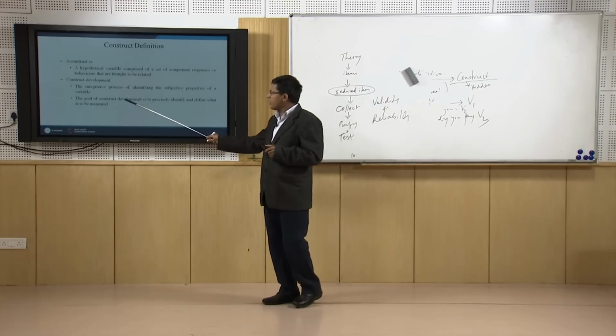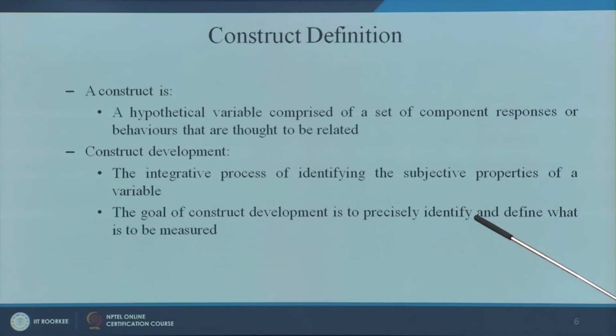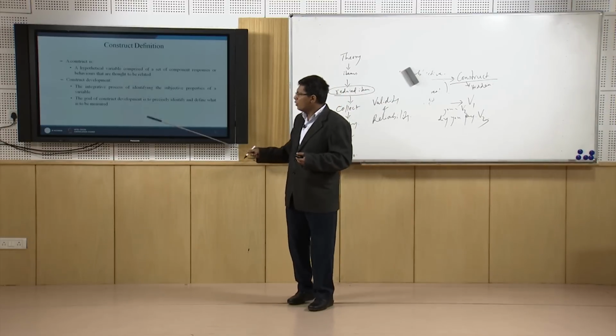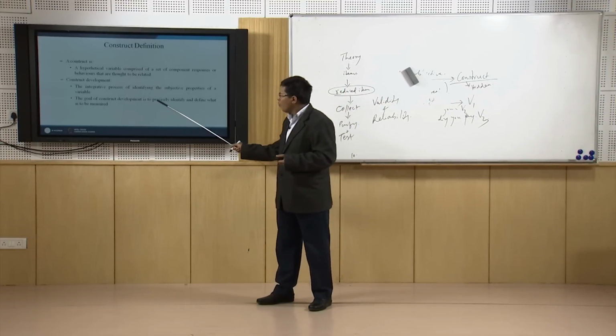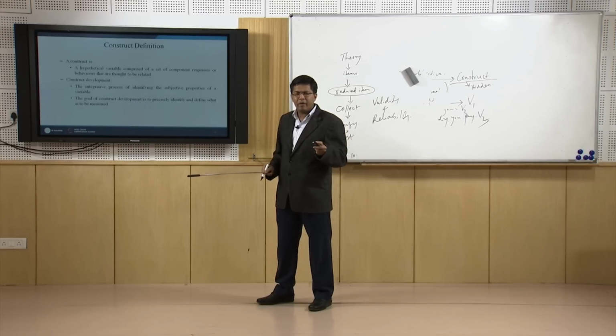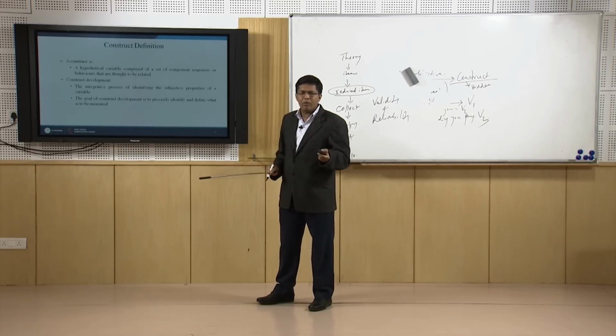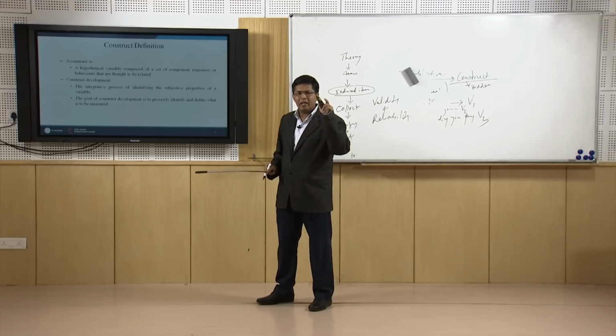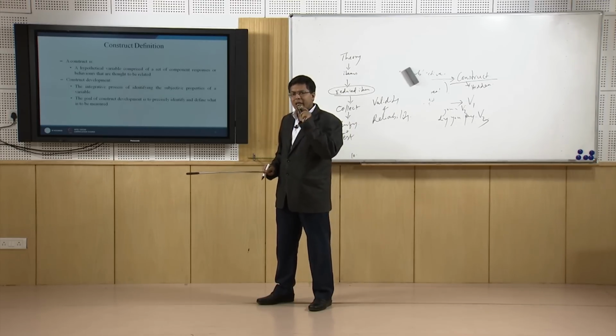The goal of construct development is to precisely identify and define what is to be measured, right. So it helps you understand which item is to be measured. When you are developing the items, all of them might not exactly define the construct. So which are the ones that are actually required and truly explain the meaning of the construct, that is what we do.